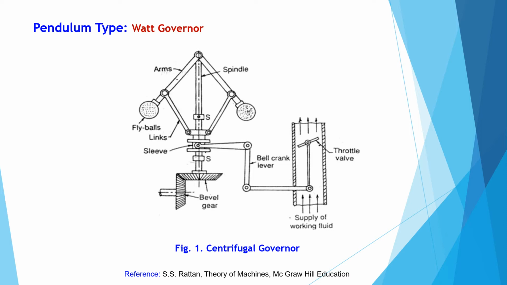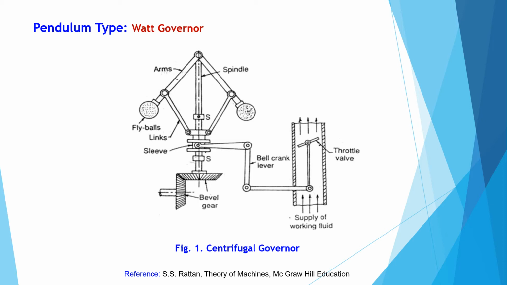The bell crank lever is used to control the opening and closing of the throttle valve to supply the fuel to the engine. When the radius of the fly balls is more, the speed of the engine is high, then the sleeve is near the upward stopper and the fuel supply is closed.